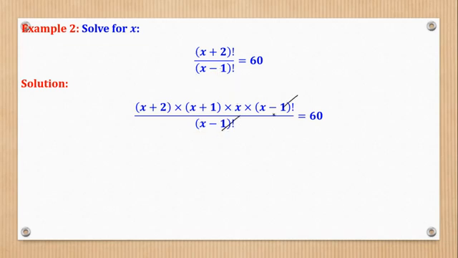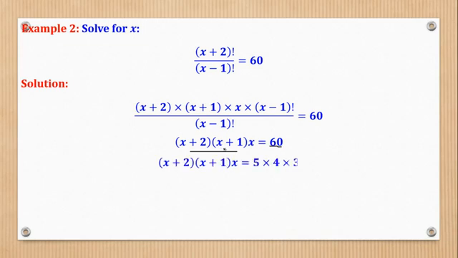So these two will cancel and you remain with that. So the only product of three consecutive numbers which gives 60 is 5 times 4 times 3. That means that this will be for this, this will be for this, and this will be for this. Therefore, x is equal to 3.